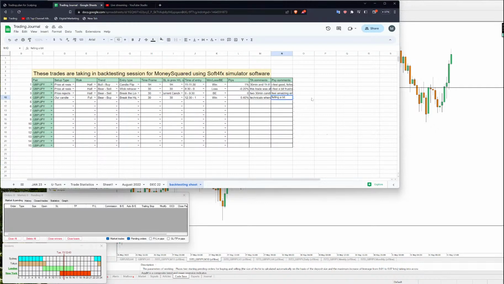Feeling a bit bad and frustrated because aggressively moving stop loss to profit is not very profitable, especially when waiting for candles to close.